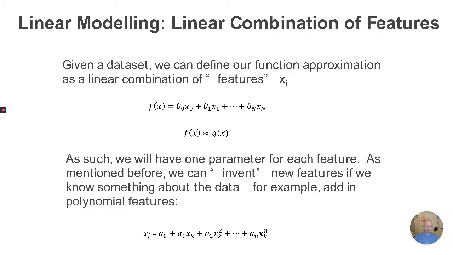So one of the simplest things that we can think of is, say we define this function f of x, and by x I mean a vector, where f of x is defined as these theta values, one theta per x feature, and we're saying that we're going to try to approximate f of x as g. So g could be some really complicated function with a lot of different stuff going on.